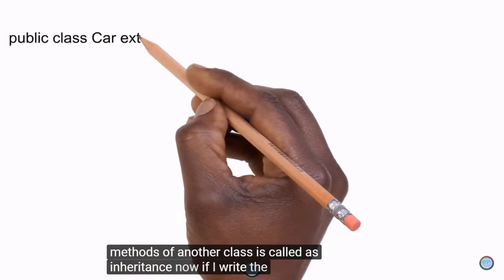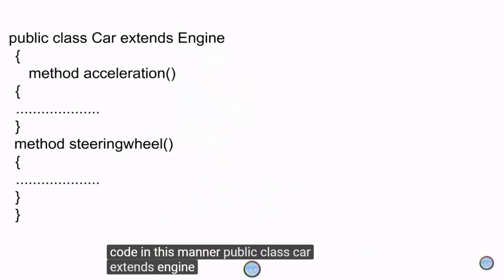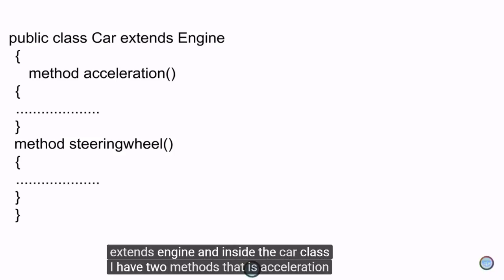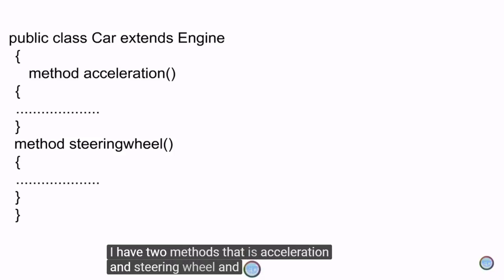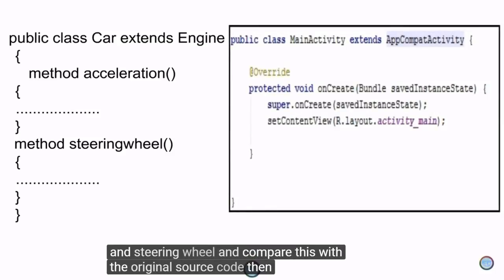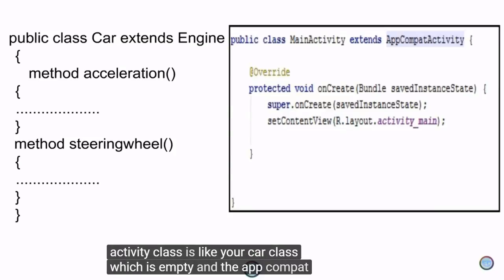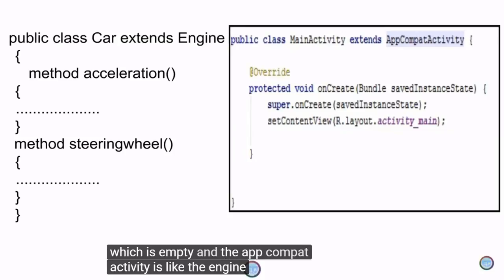Now, if I write the above code in this manner, public class car extends engine, and inside the car class I have two methods, that is acceleration and steering wheel, and compare this with the original source code, then the MainActivity class is like your car class, which is empty, and the AppCompatActivity is like the engine class, which consists of two methods.